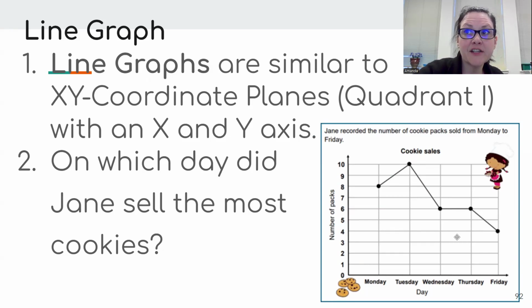How many did she sell on Friday? 4. On which 2 days did she sell the same amount of cookies? We can see on Wednesday and Thursday. How many cookies did she sell on those days? 6. How many more cookies did she sell on Monday than on Wednesday? We would subtract. 8 minus 6 would be 2. So she sold 2 more cookies on Monday than she did on Wednesday.